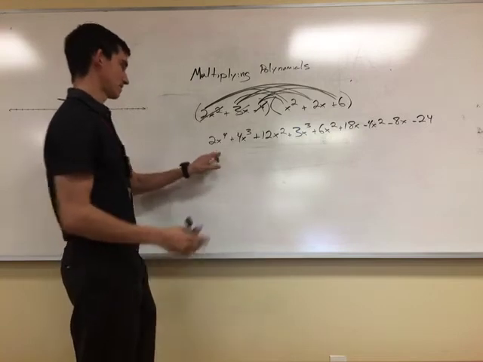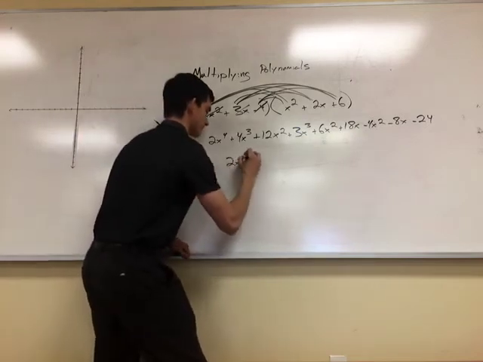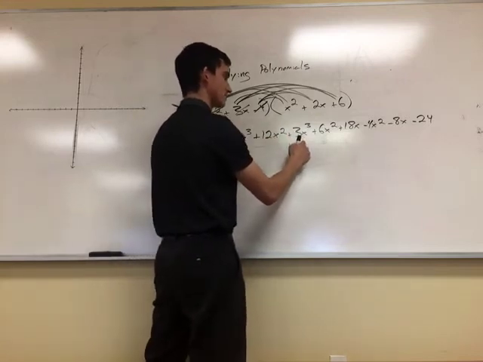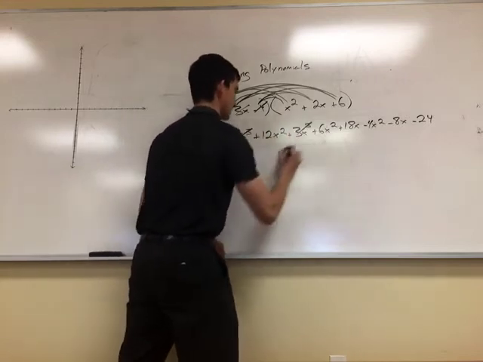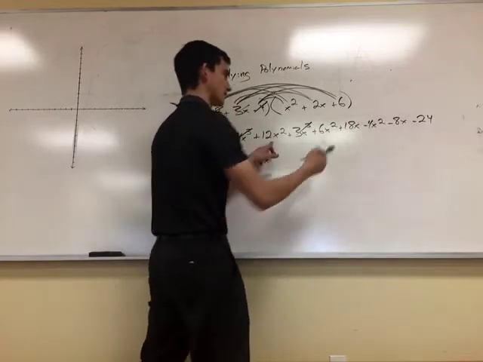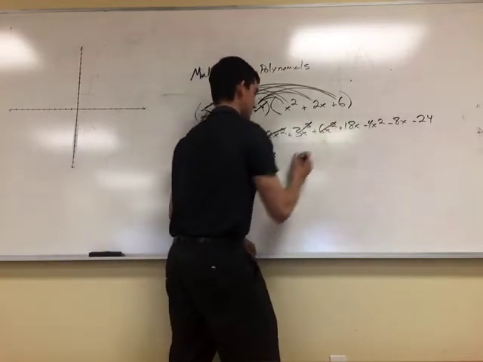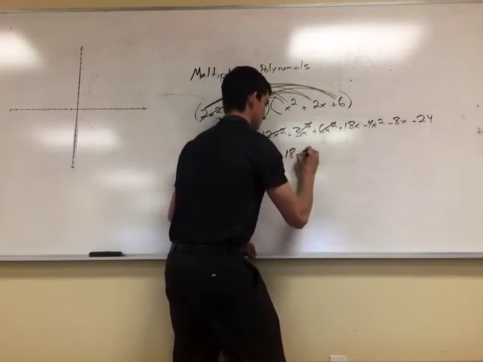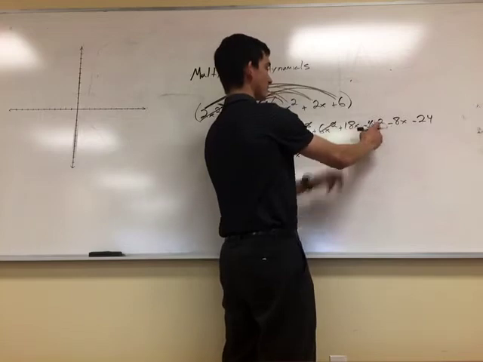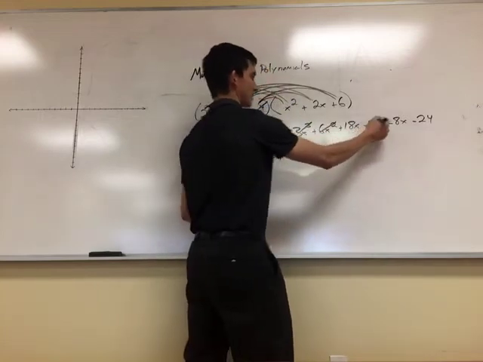Okay, so here's my only x to the fourth. So I have 4x cubed and 3x cubed, so I have 7x cubed. I have 12x squared and 6x squared, so I have 18x squared. I have 18x. Oh, there's another x squared, so I missed that one, minus 4x squared.